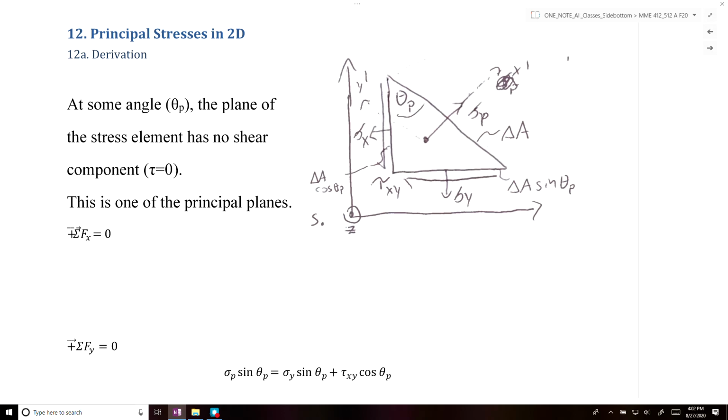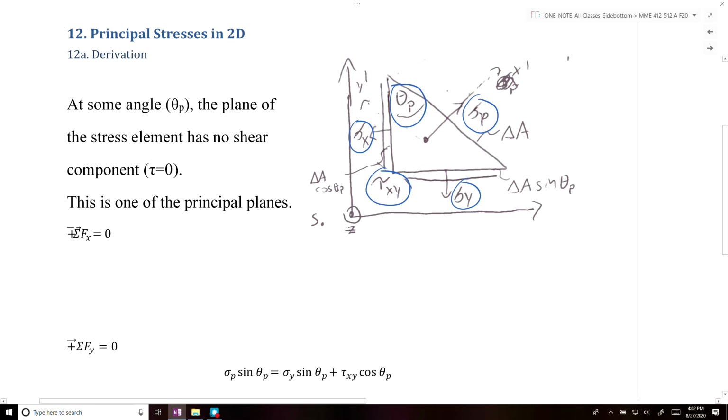So if we start with our stress element, where we have our three stresses being applied, sigma x, sigma y, and our shear stress tau xy, and we cut our stress element in half at some angle, which we'll denote as theta p, there'll be a stress normal to that face, which we'll denote as sigma p.